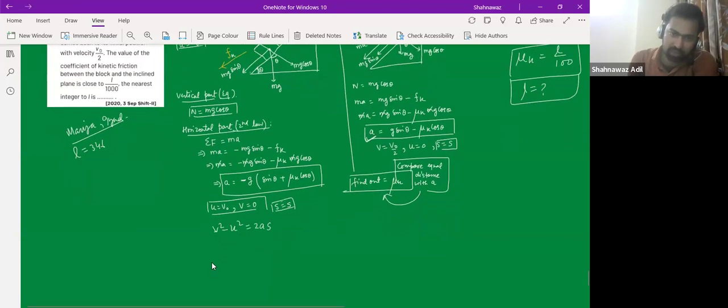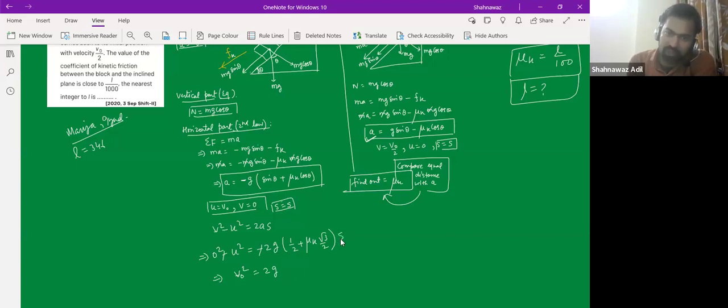In the first case, this is 0 minus u square, and minus of 2g sine 30, so the value is half, plus mu k and root 3 by 2. And what was u? Minus minus cancels, and this is minus v naught square.